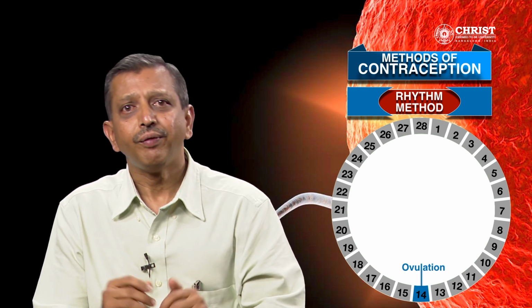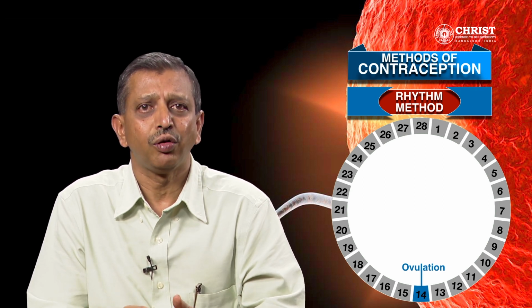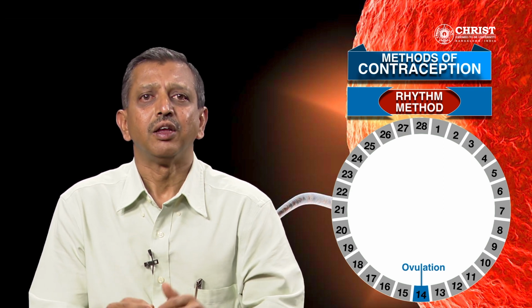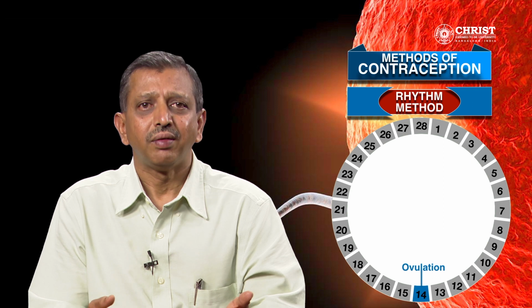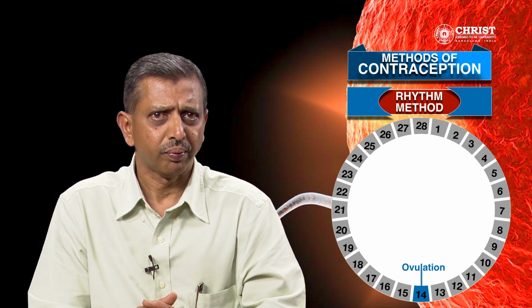Moreover, after ovulation, the ovum can remain alive in the fallopian tube for 48 hours and the sperm for 48 hours in the female genital tract after intercourse.